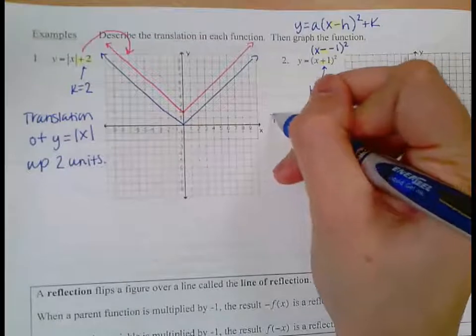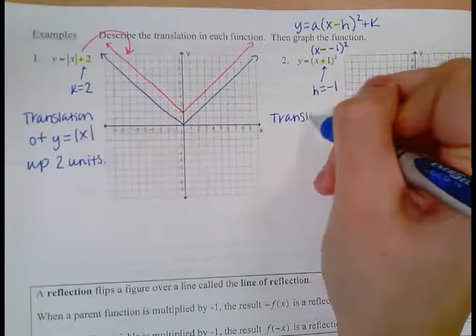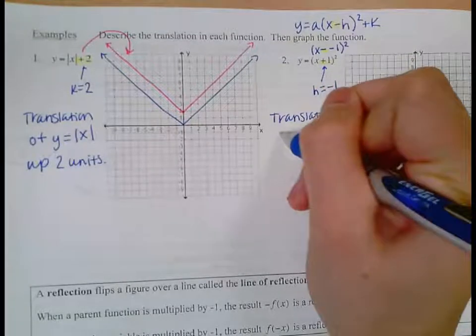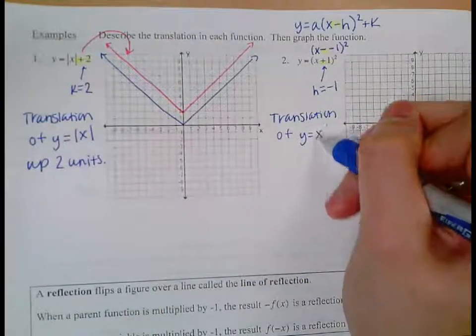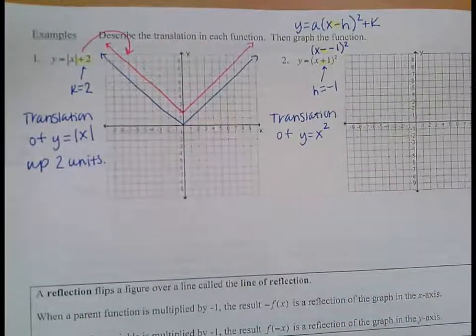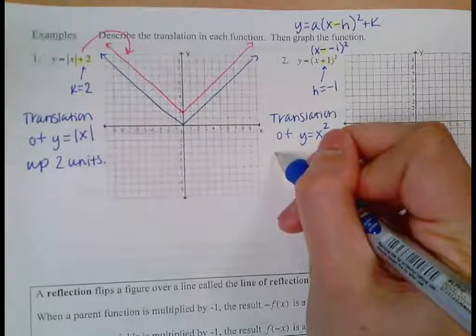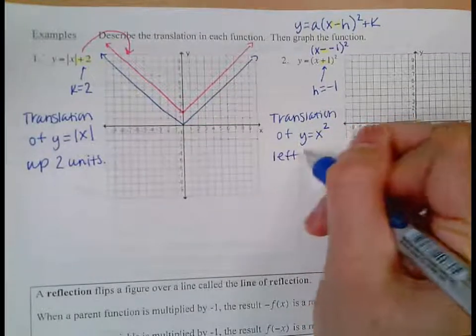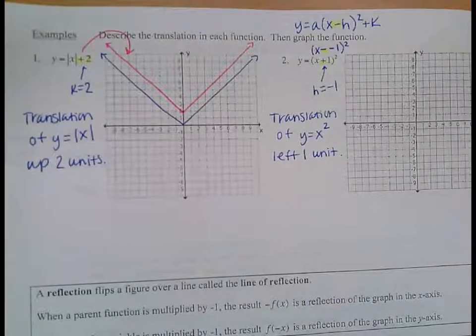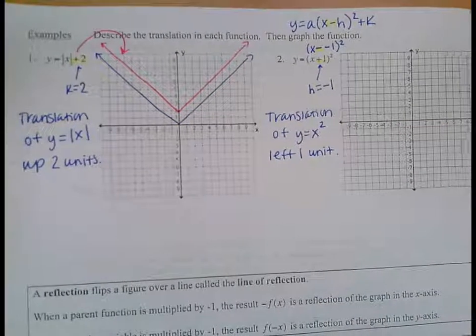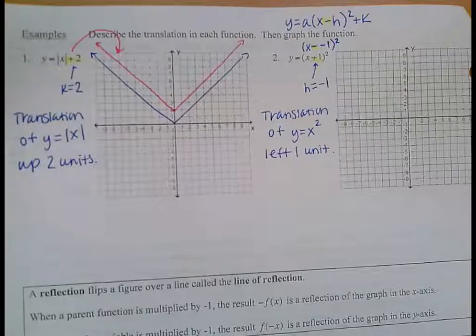So I would describe this by saying I have a translation of the parent graph, which is y equals x squared for a quadratic. And it's translated left 1 unit. Translation of y equals x squared left 1 unit.